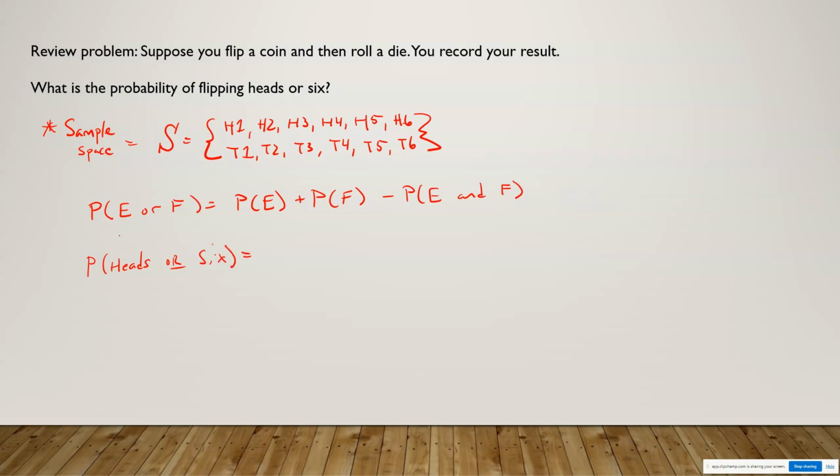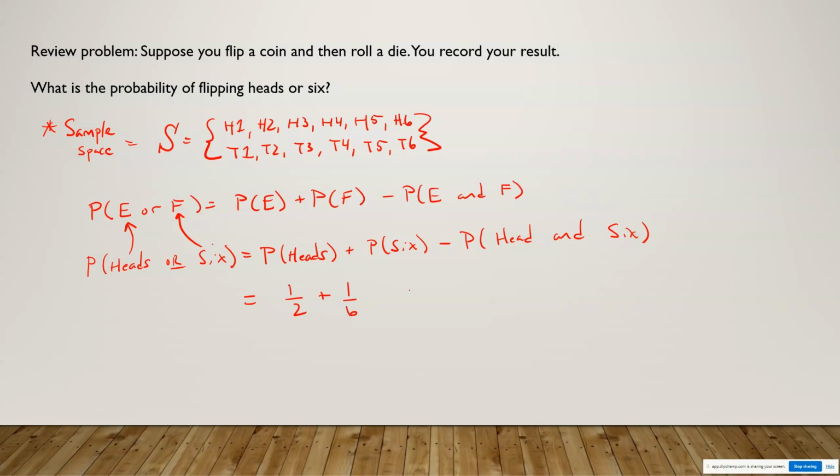Well, just using the formula. Heads is my E. So this is the probability you flip heads on a coin, plus F is a 6, the probability you roll a 6, minus the probability you get a head and a 6. Well, don't overthink this. When you flip a coin, what's the probability to get heads? It's 1/2. When you roll a 6-sided die, what's the probability 6 comes up?